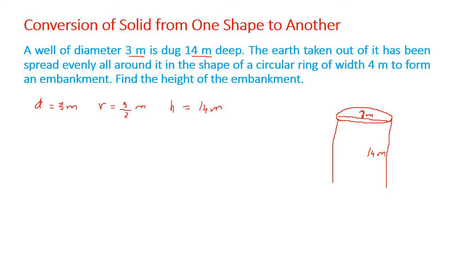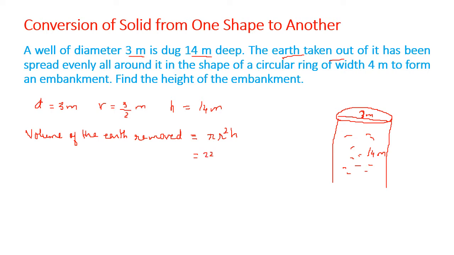Now earth is taken out of it. When you're digging the well, you're taking the earth out of it. So what is the volume of the earth removed? Let us find the volume of the earth, or the mud, removed. It is a cylinder, so what is the volume of the cylinder? The formula is pi r square h.